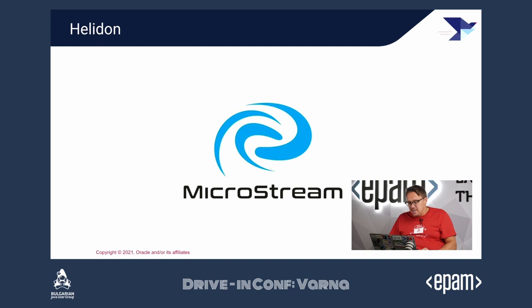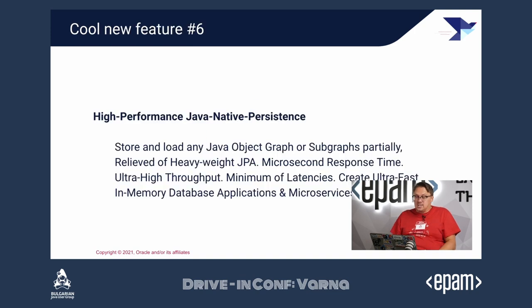Next awesome feature is something you're probably not much familiar with, but I think it's a game changer in persistence. And this game changer in persistence is called MicroStream. So what is it? I guess we are short of time, so you better Google what it technically is. But just short information: it is a high performance, Java-only native persistence engine.